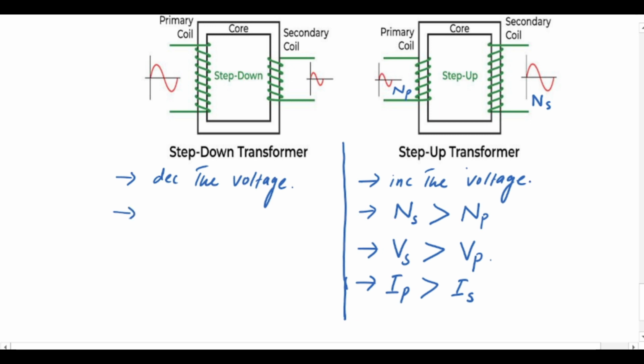Whereas exactly the reverse, in a step down transformer, the number of turns in the primary is greater than the number of turns in the secondary, and the induced EMF in the primary is greater than the induced EMF in the secondary. So the current in the secondary increases as compared to the current in the primary. So this is the transformer topic.